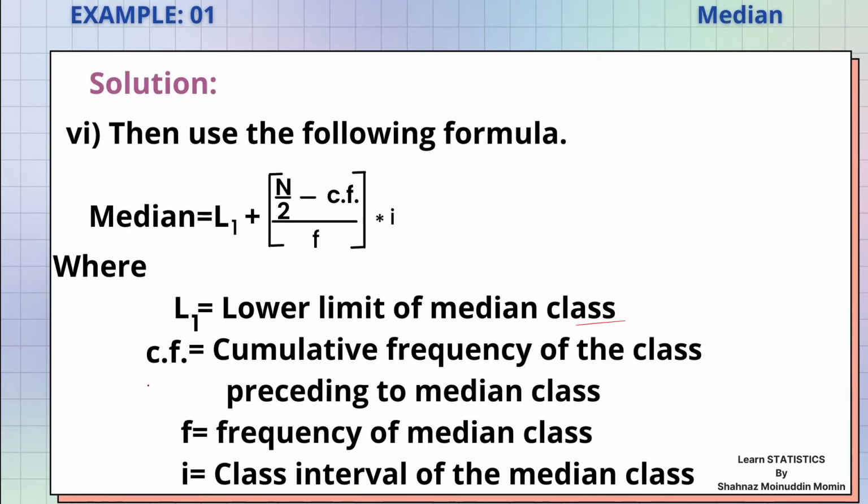Here CF is a cumulative frequency of the class preceding to median class, means the cumulative frequency of a class previous to the median class. F, frequency of median class, and I, class interval of the median class. Class interval is obtained by subtracting lower limit of a class from the upper limit of a class.